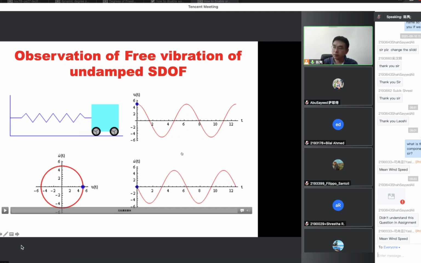It's a cosine function. You can use a cosine function or sine function to describe its movement due to the initial conditions.